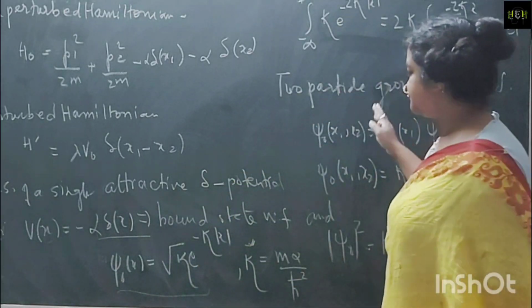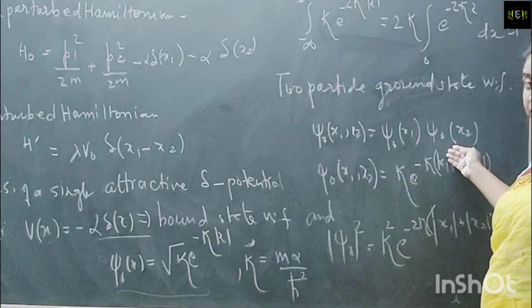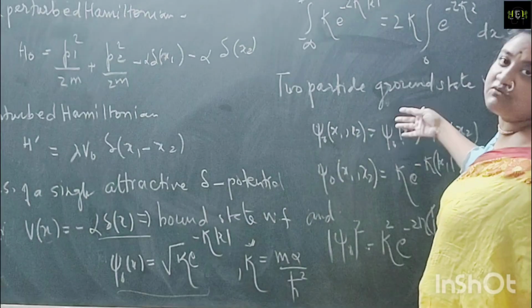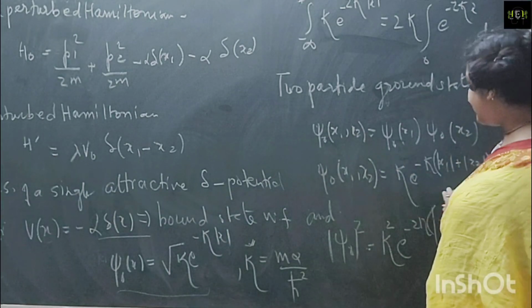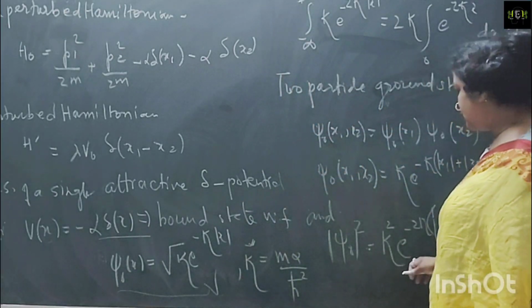You got it? Psi naught is psi 1 into psi 2, that is psi naught of x1 and psi naught of x2. I combine these two, and because I know the single one, I get psi naught square.